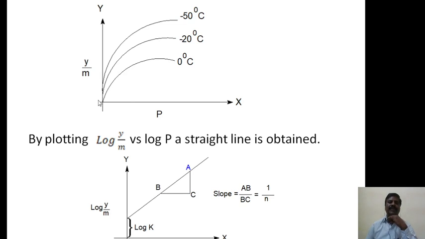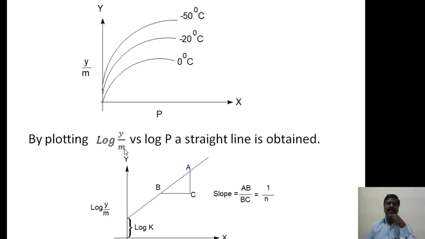Lowering the temperature, another curve is obtained at minus 20 degrees Celsius. Again at minus 50 degrees Celsius, we get another curve. By plotting log(y/m) versus log p, a straight line is obtained.